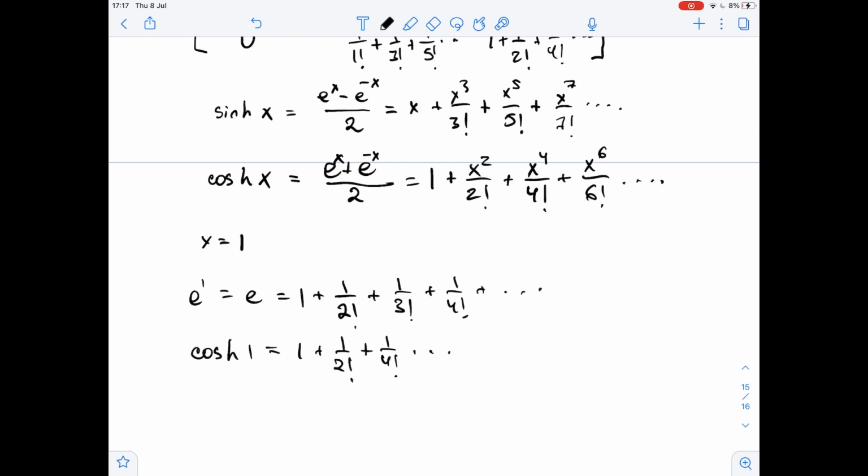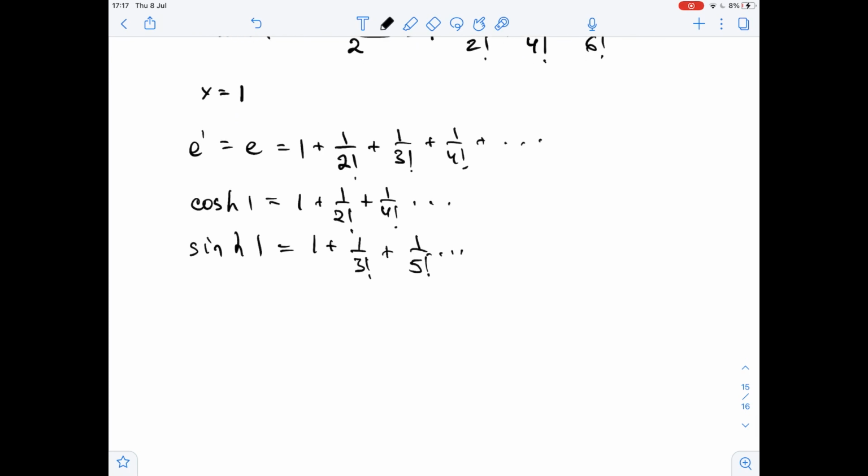While sinh of 1 equals 1 plus 1 over 3 factorial plus 1 over 5 factorial, and so on. So we can express the required term as e to the power of A equals the matrix with first row e, 0, 0, second row 0, cosh of 1, sinh of 1, and third row 0, sinh of 1, and cosh of 1.